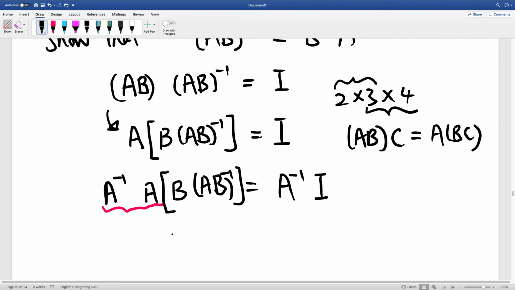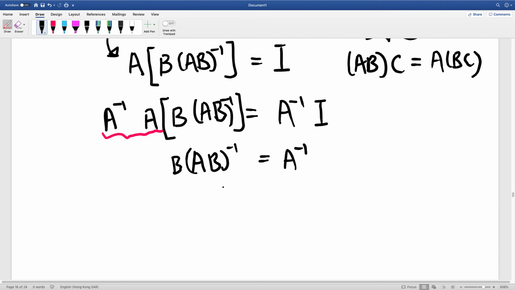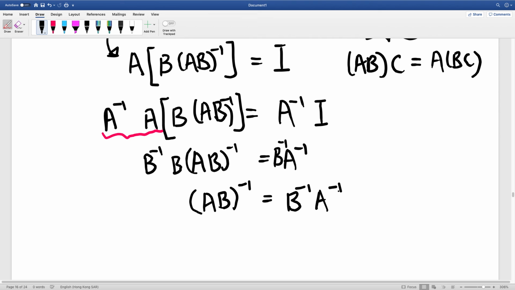And the identity matrix times anything will still give you the same thing. What you do next is multiply by B inverse on both sides, and that shows you the proof already.